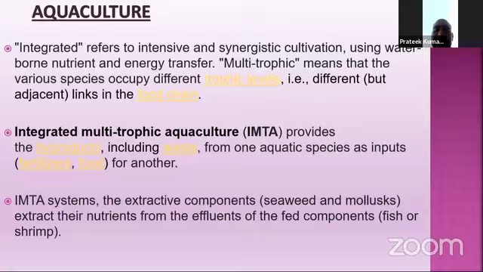And IMTA, as I have also explained, provides the byproduct and waste from one aquatic species as inputs, fertilizer and food, for another. In an IMTA system, seaweeds and mollusks extract their nutrients from the effluent of the fed components, fish or shrimp.